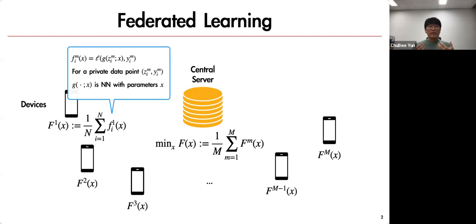In this privacy-preserving setting, the central server nevertheless wants to minimize the global objective function f, the mean of the local objective functions F_m. For example, even if Google doesn't have access to the private photos, they could still want to make their global classifier or prediction models work better by somehow utilizing the information from the users' photos. This is the standard federated learning setup that has become very popular during the last several years.